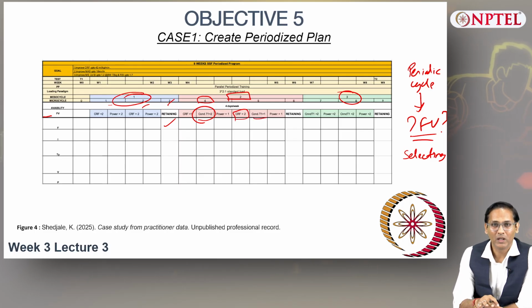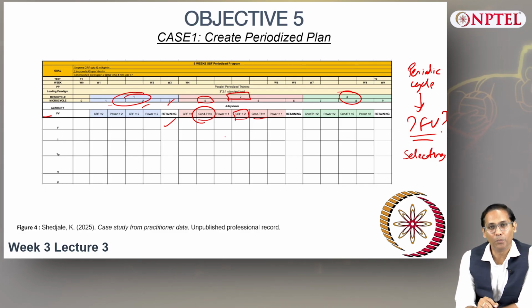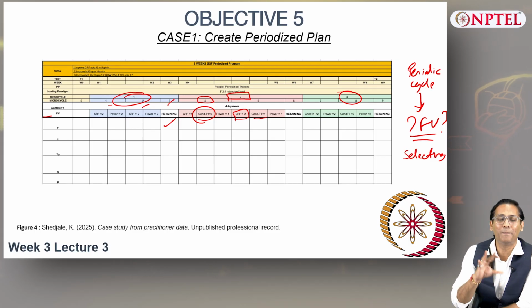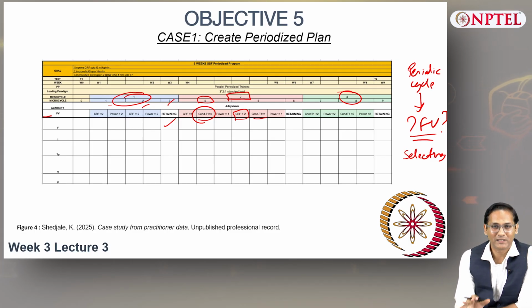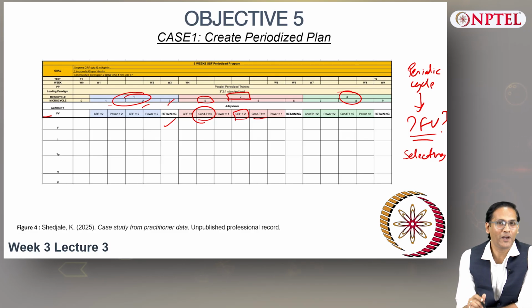This is how within the training cycle, within the mesocycle, both fitness variables have been trained and balanced. Starting with conditioning in week 4, giving more frequency, and then in week 5 giving more frequency for aerobic capacity.